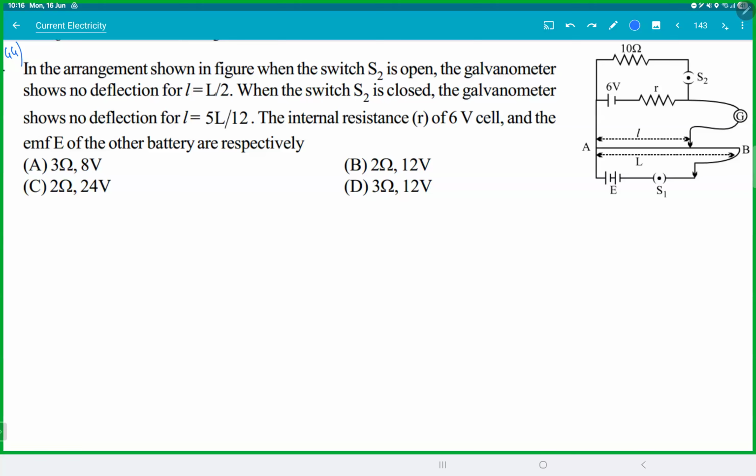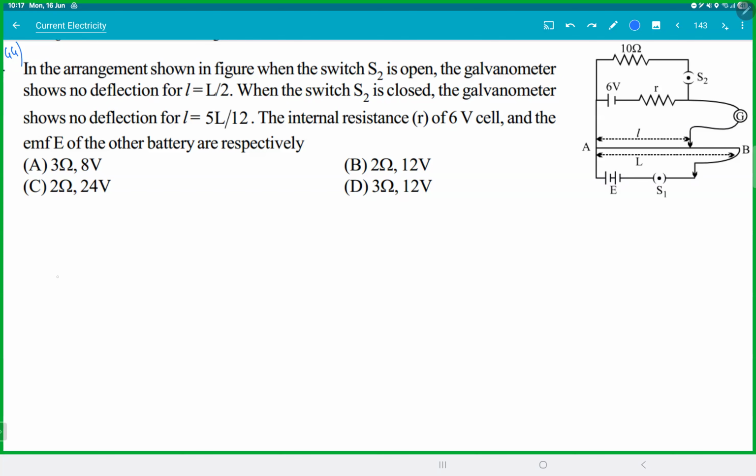So here they're asking the primary battery's voltage and internal resistance of the 6 volt. Just have to draw the circuit.